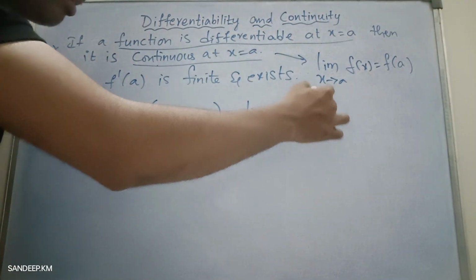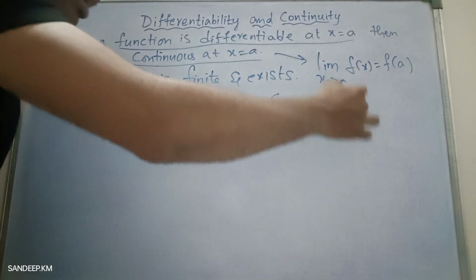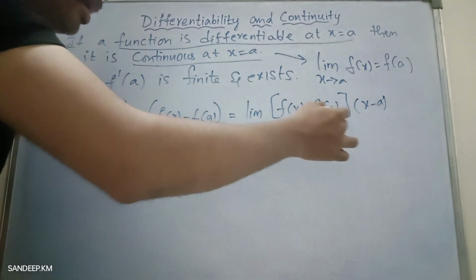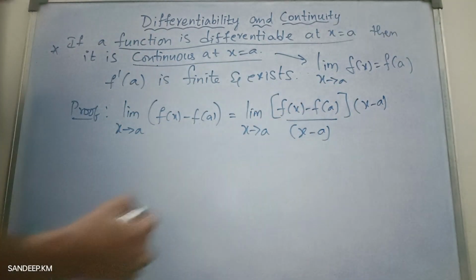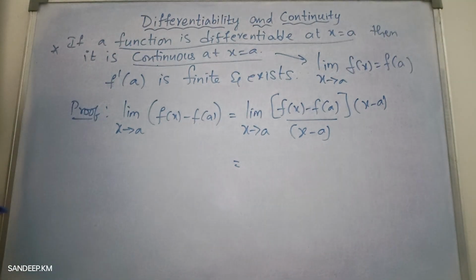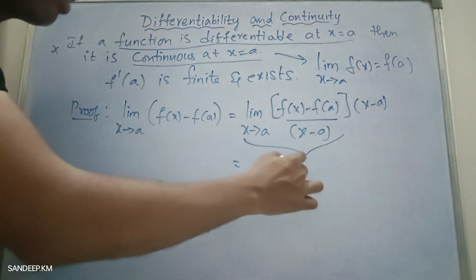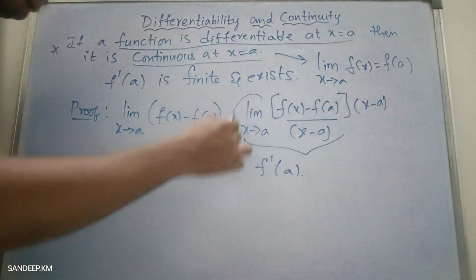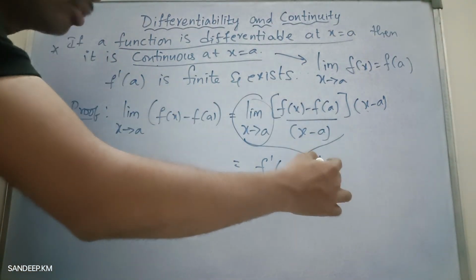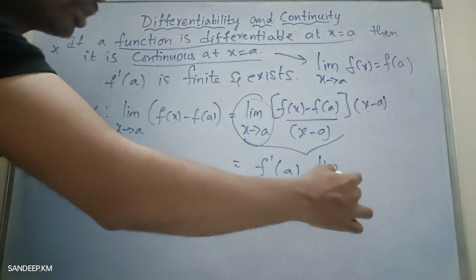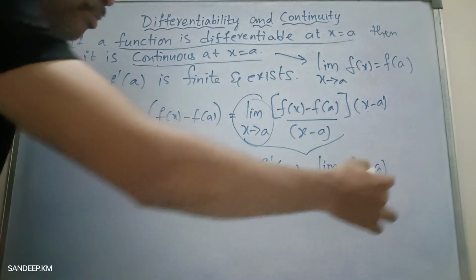So the numerator is multiplied with x minus a and the denominator is also multiplied with x minus a. Dear students, at the starting of the video I told that this is the formula of f dash of a. Okay, fine. But the limit also belongs to this, correct or not? So it is equal to the limit as x approaches a of x minus a.